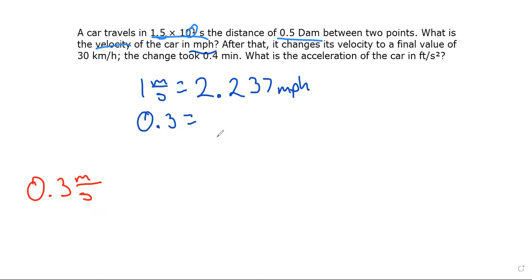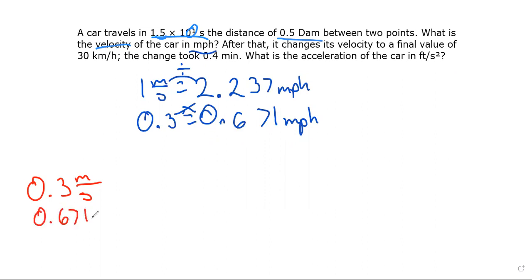So 0.3 would be the same, with the rule of three multiplied and divided, as 0.671 mile per hour. We have the first thing that was asked of us, so we write it down here. 0.671 mile per hour.